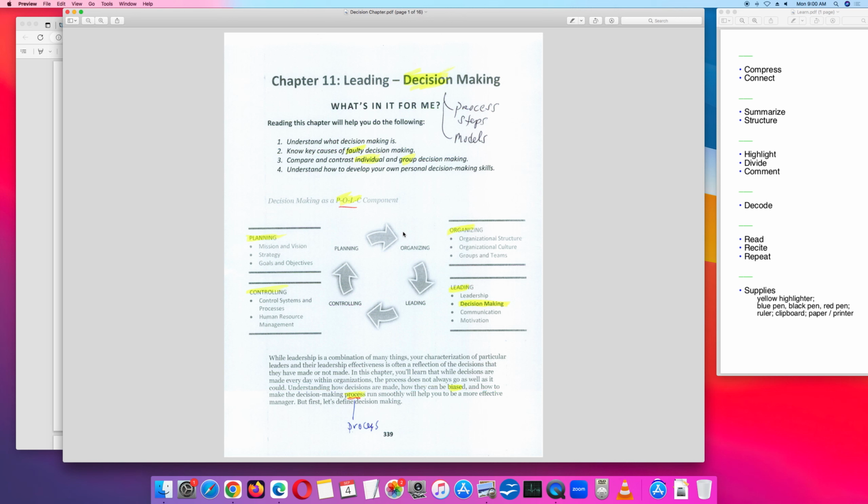These are major activities that a manager needs to do in an organization, and the reason he's presenting it is to show that decision making is part of the leading activity of a manager. So you have plan, organize, lead, and control, and then decision making.